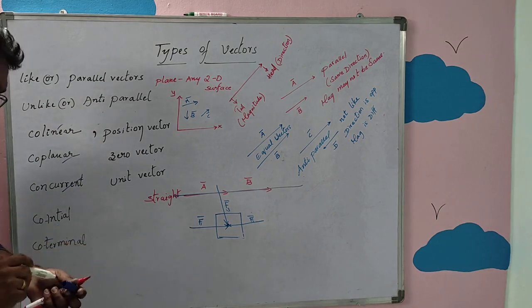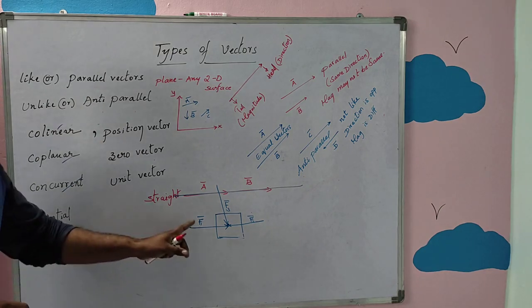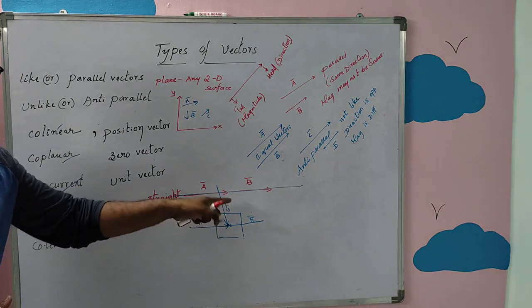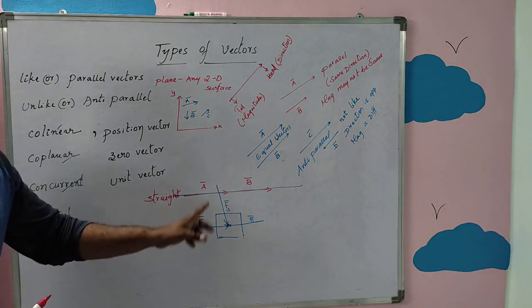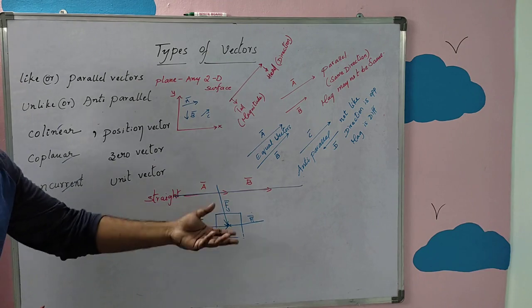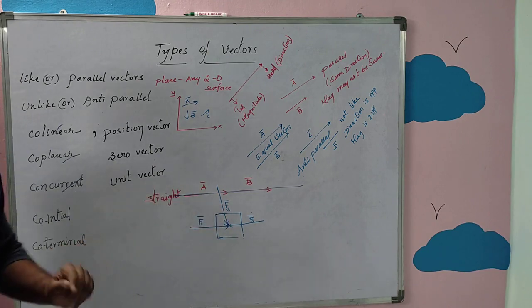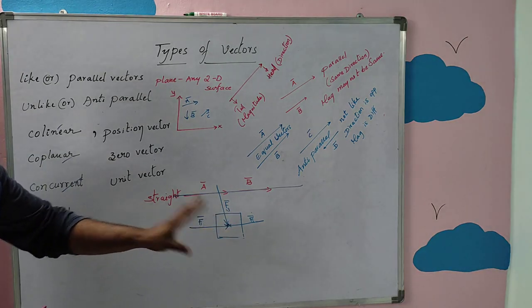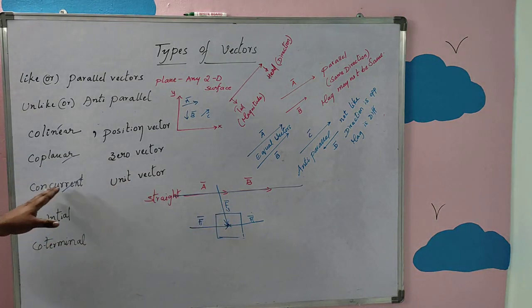So we are representing force in the form of vectors here. F1, F2, F3 are the force vectors acting at the same point on a body. Such vectors which are acting at the same point on a body are called concurrent vectors.